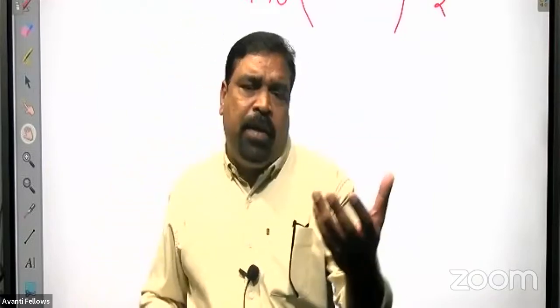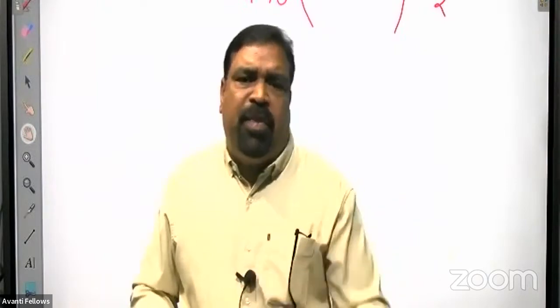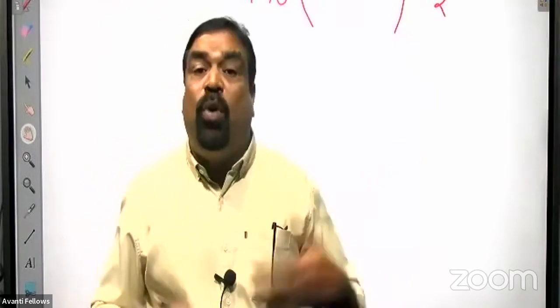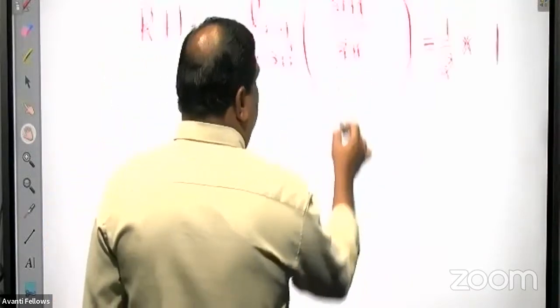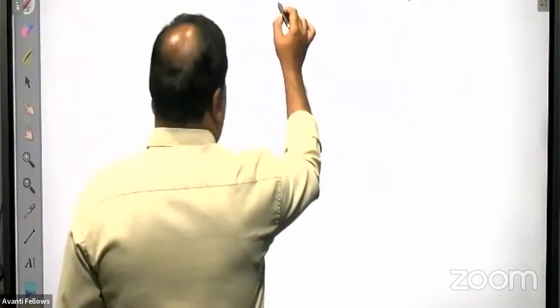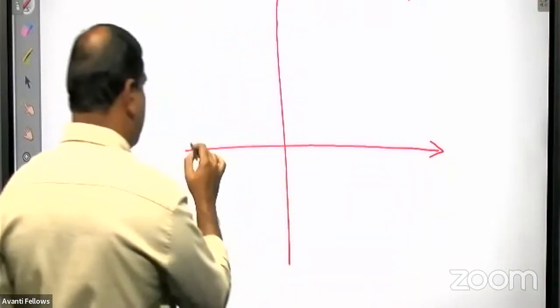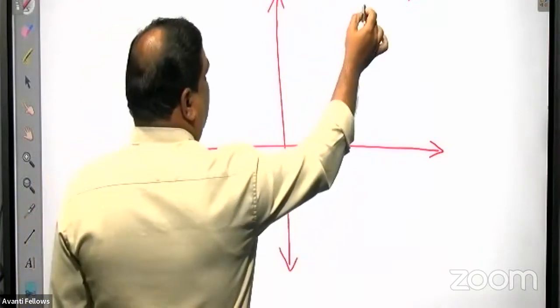Now we have some standard functions also: mod x, the greatest integer function. The signum function we have already discussed. Now we have mod x. What is the continuity of the function mod x? Mod x is also one of the standard functions.